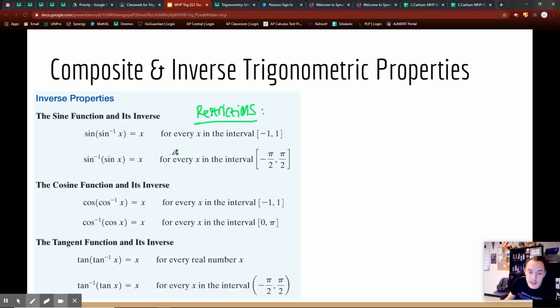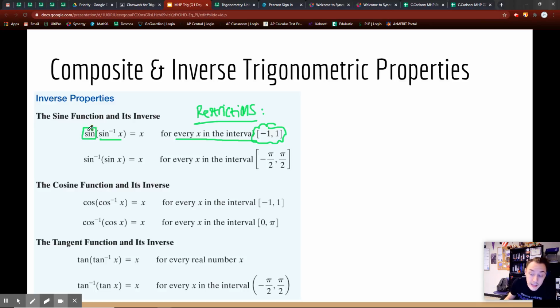It equals x if, and only if, it follows this pattern. This right here is technically your range, because this is the outside function and this is the inside function.